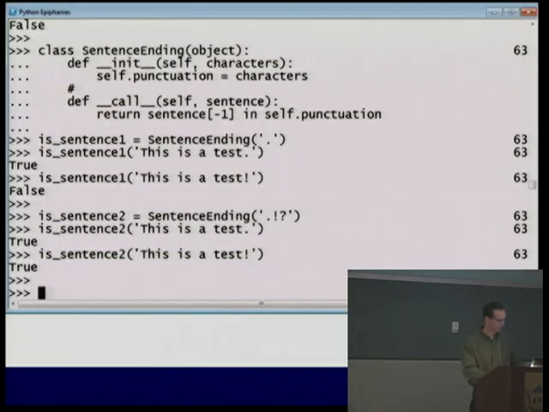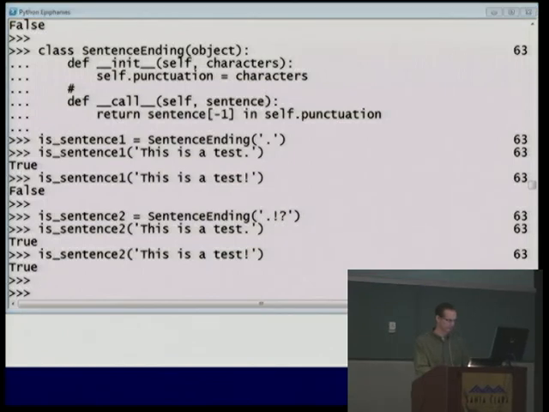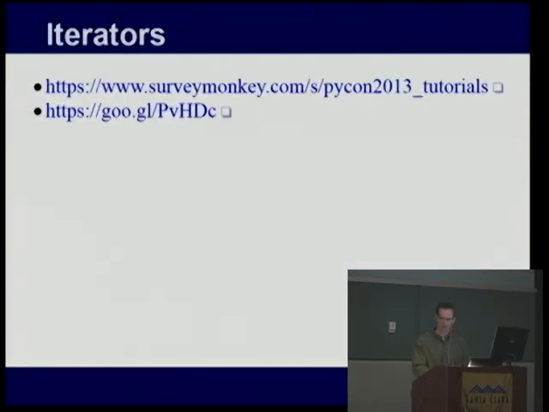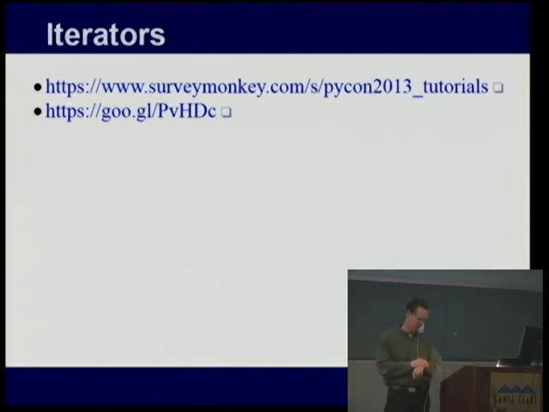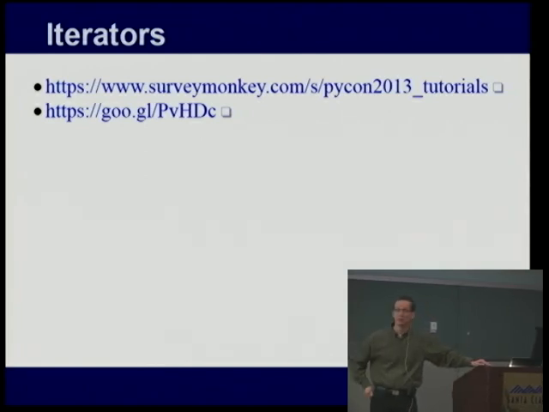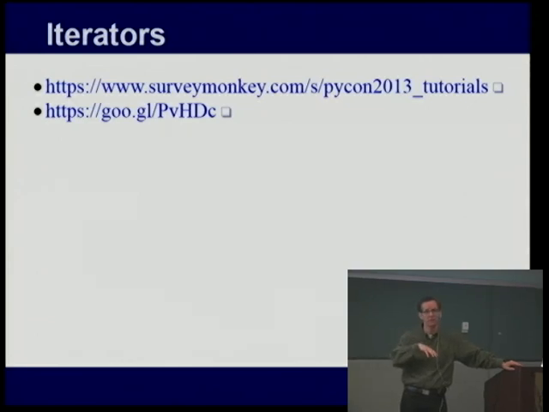So at this point, I have three things I'd like you to do in the next 13 minutes. Not 13 minutes, sorry, 7 minutes. We have 7 minutes left. Please fill out the survey, which is about this tutorial specifically and about all the tutorials generally, and it's really helpful to get good feedback on that. If you promise to do it later, you don't have to do it now, but I'd prefer you just take a couple minutes now.